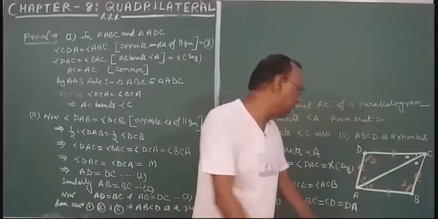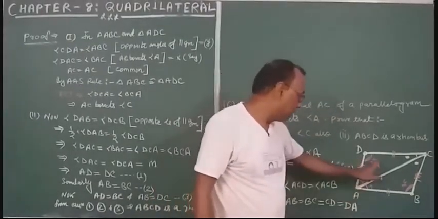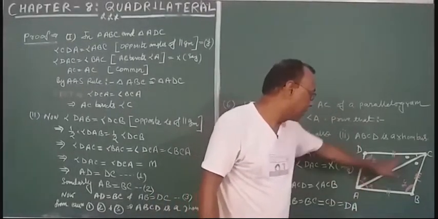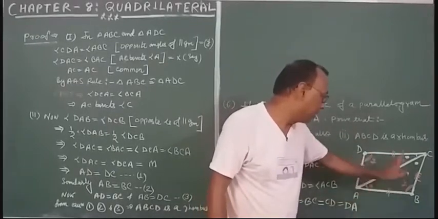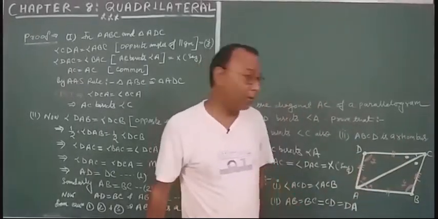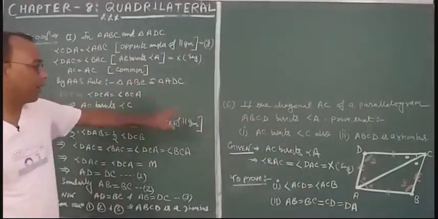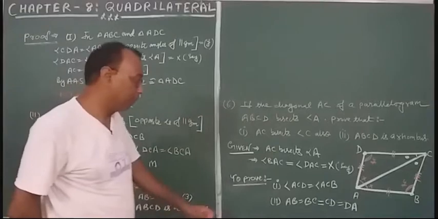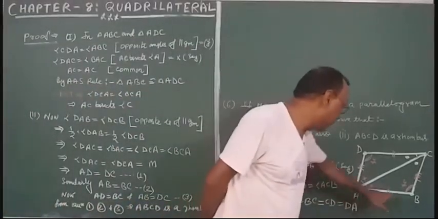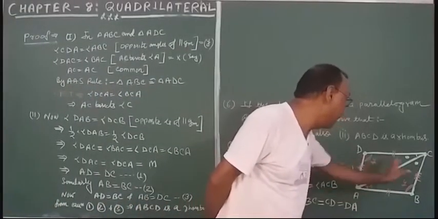Now what rule is there? Angle side. By the angle side rule, triangle ABC is congruent to triangle ADC.